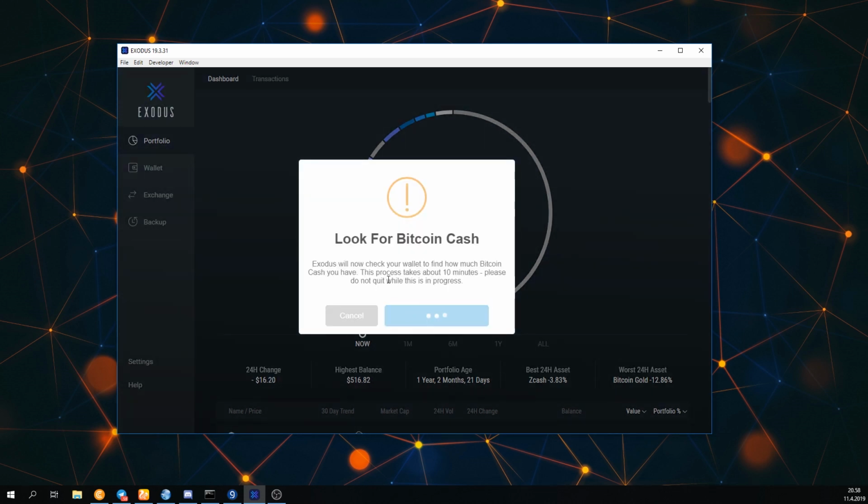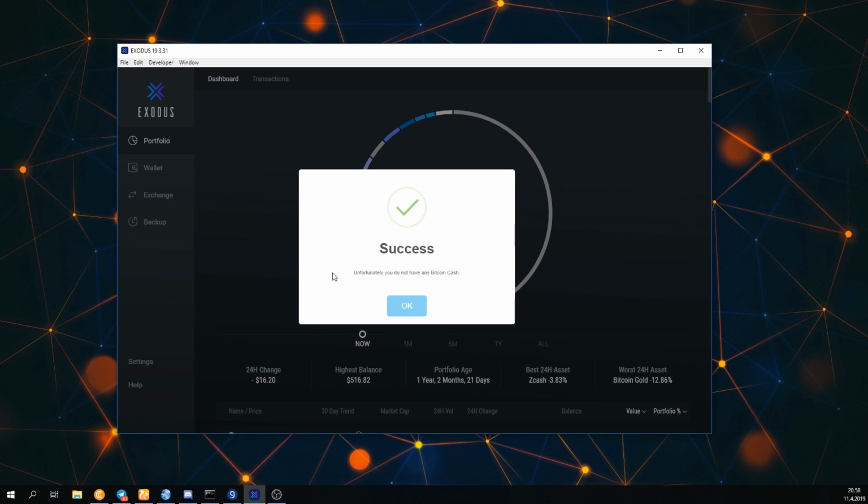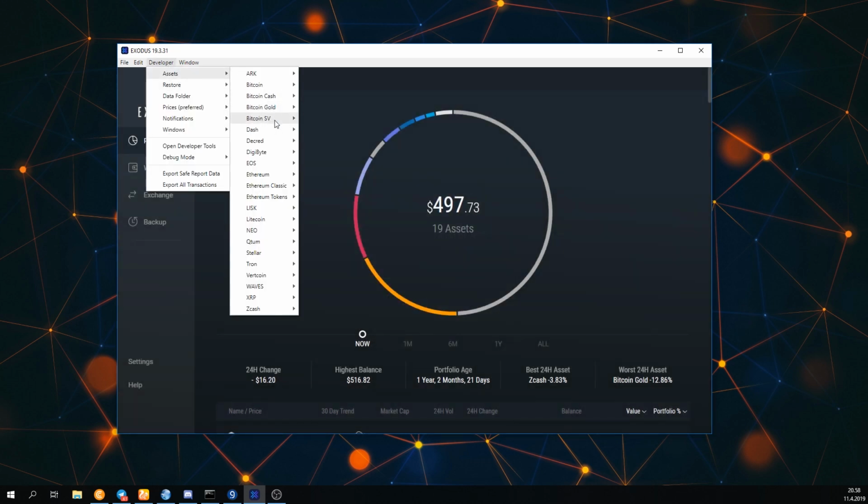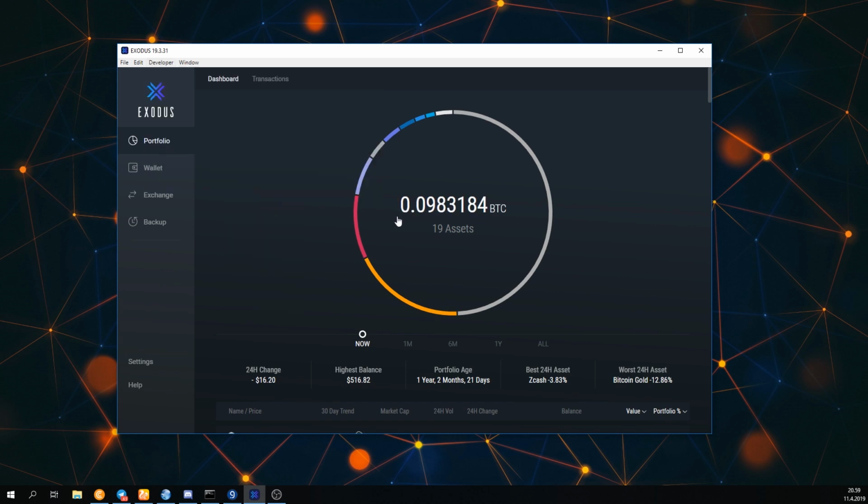And now we're going to look for Bitcoin Cash, and we didn't have anything. There's also Bitcoin SV, and there's also Bitcoin Gold in this one. So basically we have 134 different Bitcoins that you can claim through Exodus.